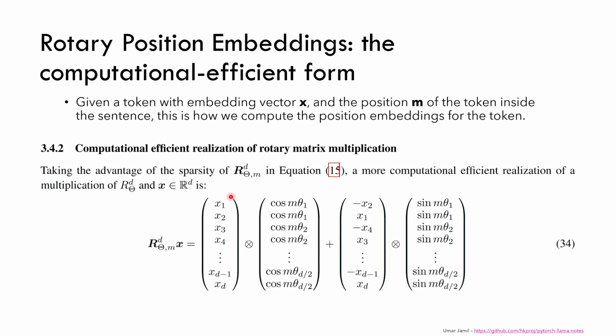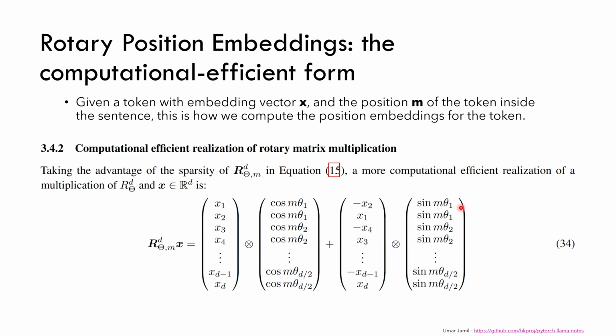We take the dimensions of the token and multiply by this matrix, computed like the following, where the thetas are fixed, m is the position of the token, and x1, x2, x3 are the dimensions of the embedding, so the first dimension, the second dimension, etc., plus another vector computed with the following positions, so minus x2, which is the negative value of the second dimension of the embedding of the vector x, multiplied by this matrix here.